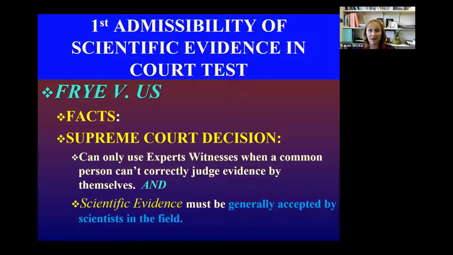Now, in today's time, it's hard to get anybody to agree on anything, right? So this is a pretty hard test to satisfy. You have to show that it's really accepted as evidence by scientists, and it's a pretty high standard to get over. And polygraphs did not get over this. That's why you can't introduce lie detector tests at court.